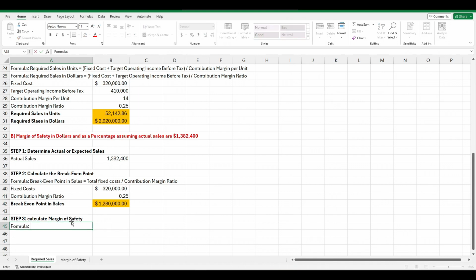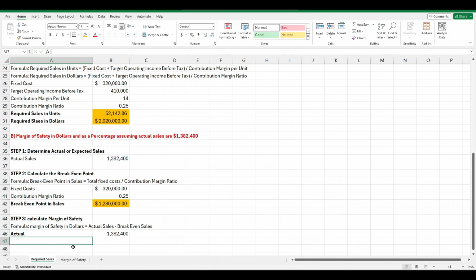The formula for the margin of safety in dollars is equal to actual sales minus break-even sales. Our actual sales is equal to 1,382,400, up here.